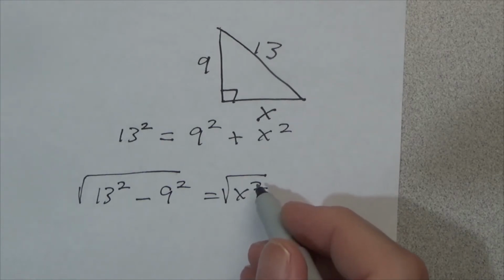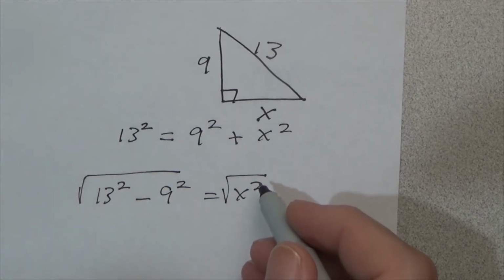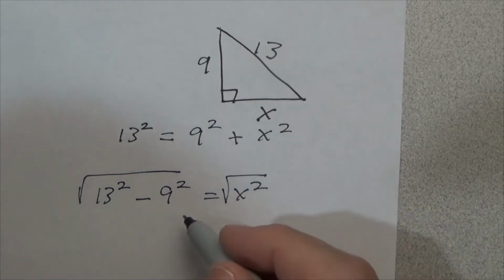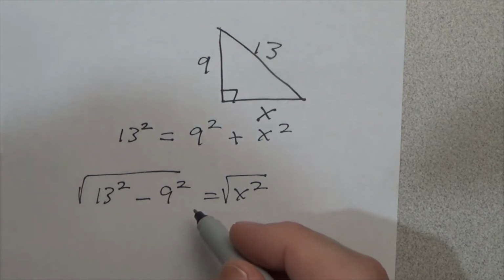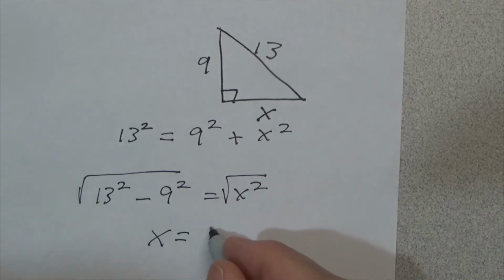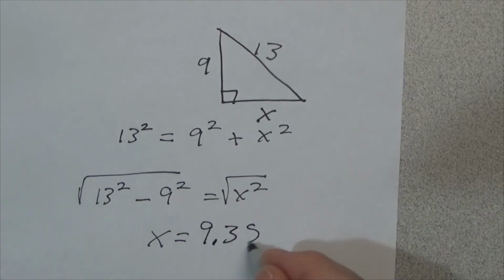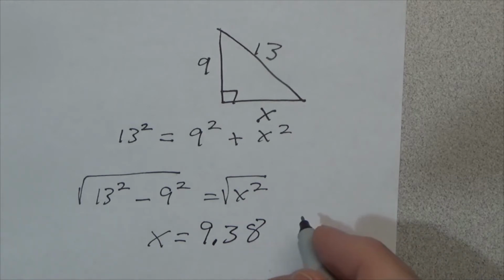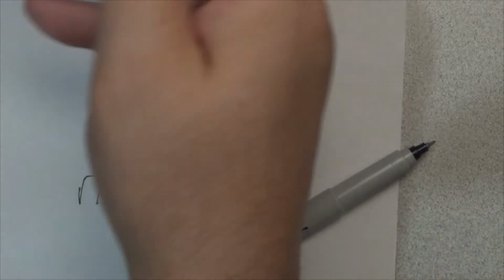The square root of 13 squared minus 81, which is 9 squared, equals, so x is equal to 9.38, which is what you will see after they work it out on the next page.